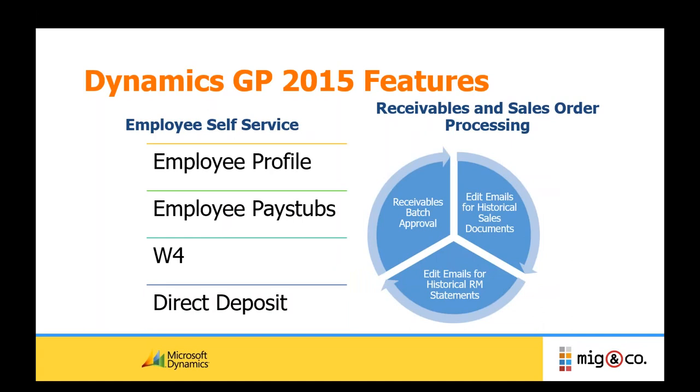On the self-service side, this is where a lot of the architecture changes have come into play. We used to have business portal in the past. Now we have this employee self-service. So now employees can make changes to or take a view of their profile, their pay stubs, their W-4s, and their direct deposit information.